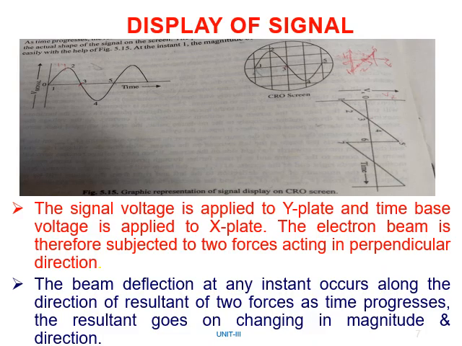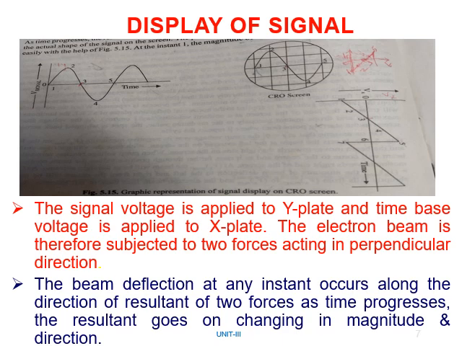Okay. Now how are we getting the display of the signal voltage on the screen? That is, the true shape of the signal can be obtained if we give AC signal voltage to the Y plate and time base voltage internally to the X plate. So the beam deflection at any instant occurs along the direction of the resultant of two forces as time progresses.